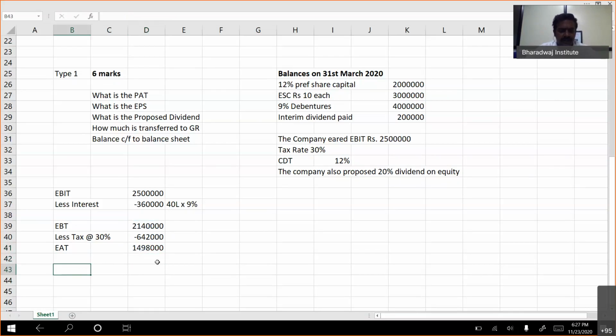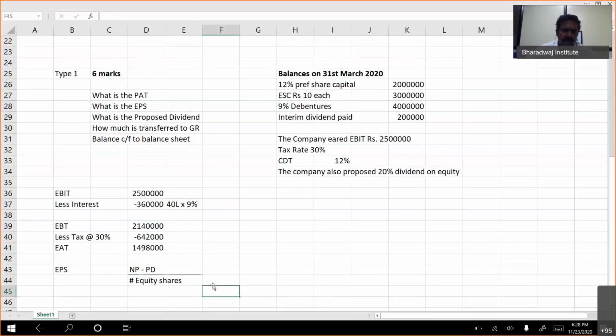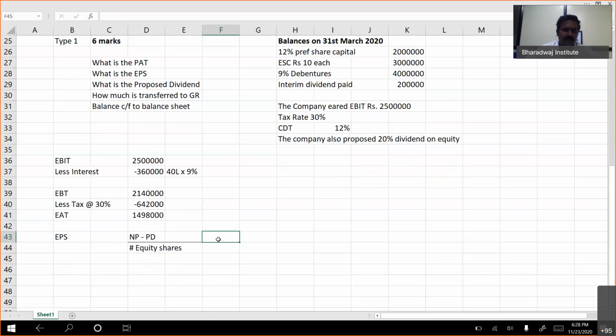Then we have to work out EPS, earnings per share: net profit minus dividend on preference shares, divided by number of equity shares. What is the net profit? 14,98,000 minus dividend on preference shares. Preference dividend is preference share capital into the dividend rate, 20 lakhs into 12%, 2,40,000.